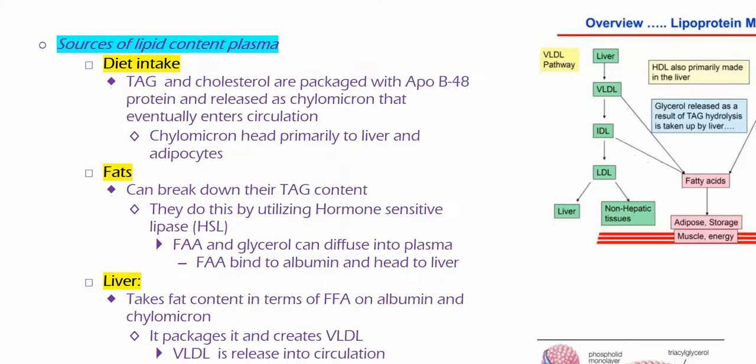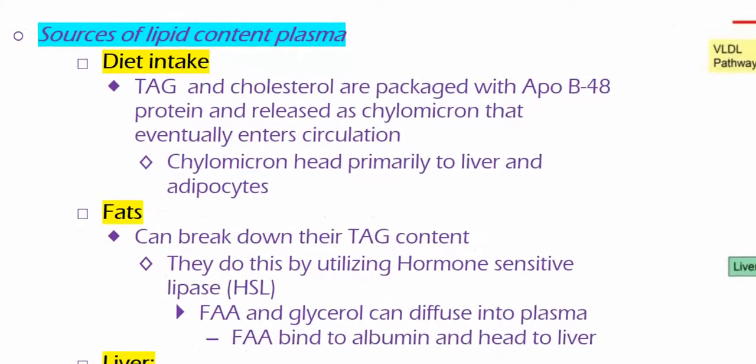So basically from our diet, if we eat a lot of fat rich content, this fatty content will eventually get to our intestine, and the intestine will absorb the free fatty acids. As the free fatty acids get into the intestinal cells, they're going to reconverge with glycerol, and then you're going to have your triacylglycerol.